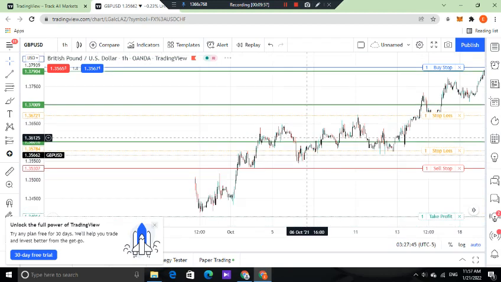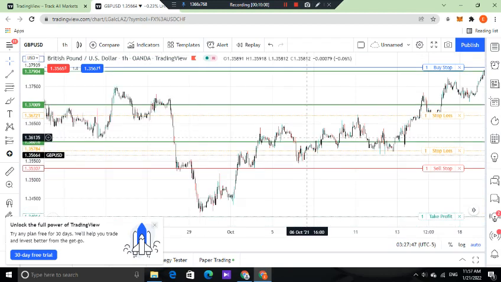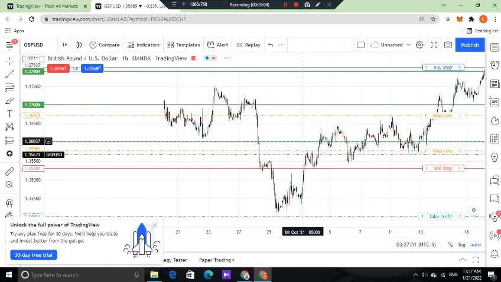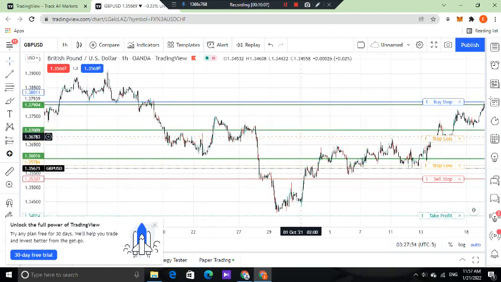If I wanna summarize some of these concepts, first of all, we have generally two kinds of gap bars: the measuring gap and the exhaustion gap. We see a measuring gap at the start or early in a trend, and an exhaustion gap at the end of a trend, late in a trend.